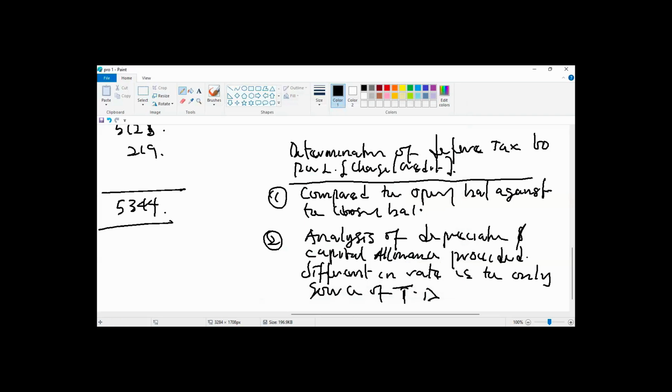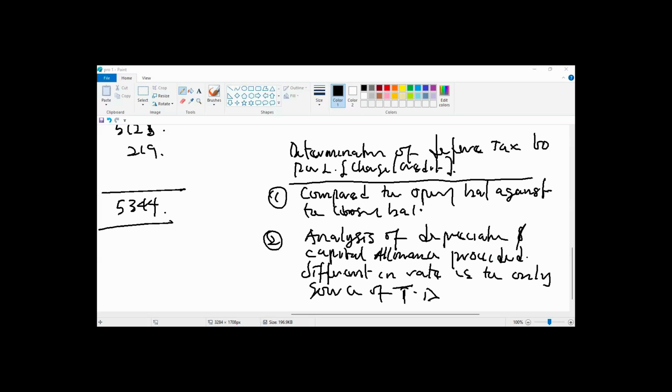Go to question 4. Start on PS. You will see they did not say the book value of the asset. They only give you depreciation and capital allowance.